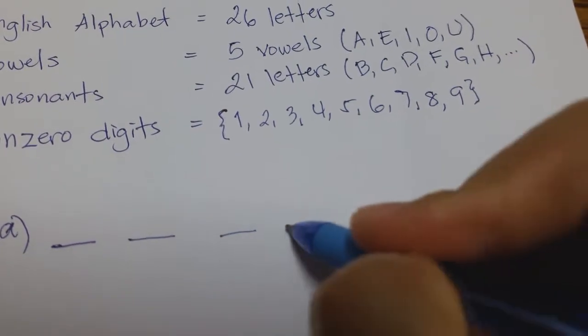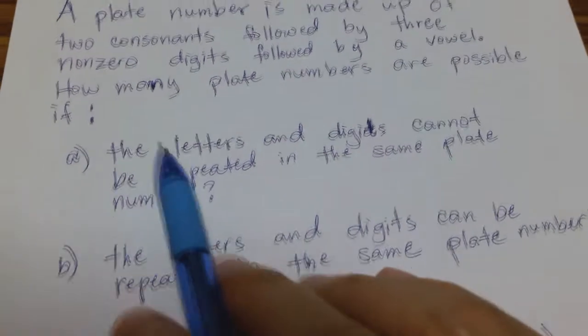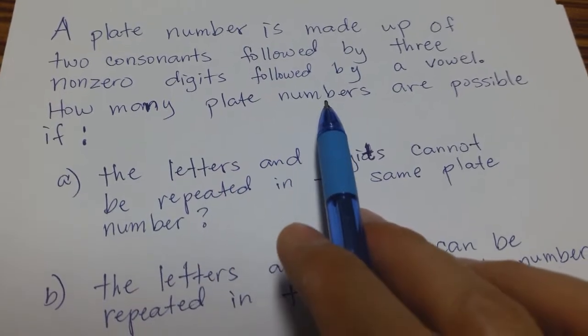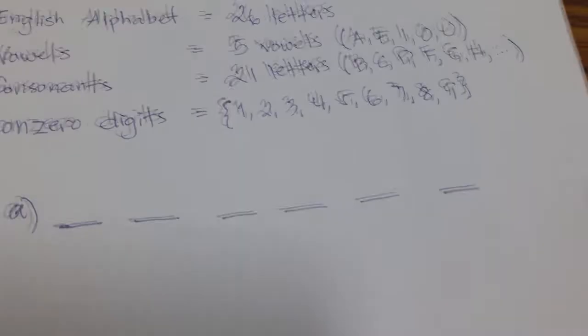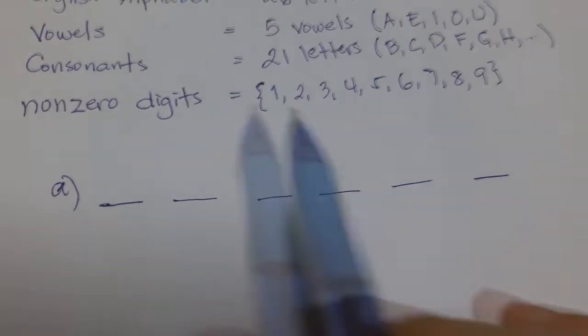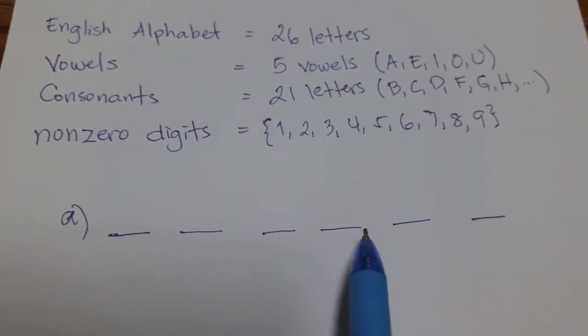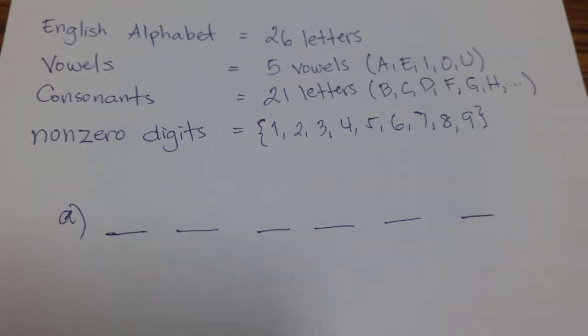So we have 1, 2, and 3. And then what's next? Followed by a vowel. So only one line for a vowel. We are going to write here how many options we have for each line.